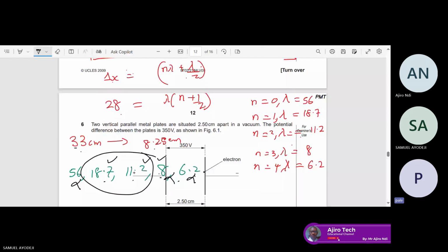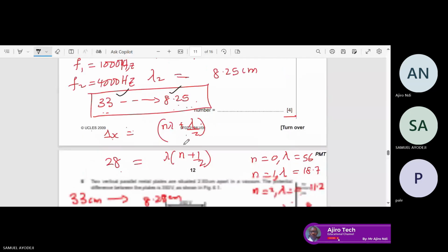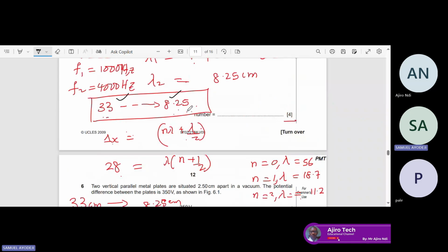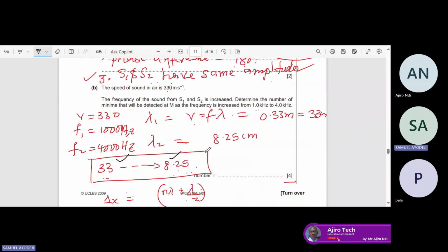Let me ask you a question. What is a minima and a maxima? What do they mean by minima? The minima is destructive interference. Maxima is constructive interference. So minima means destructive or dark fringes.